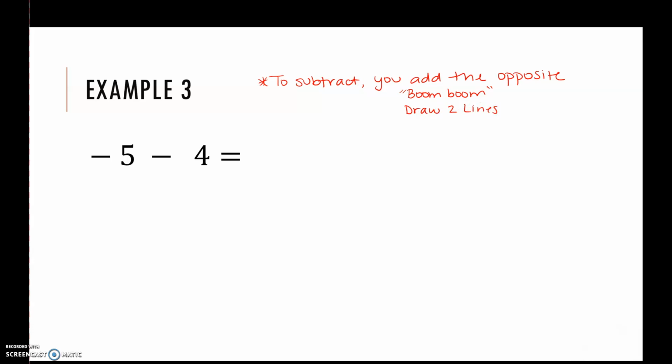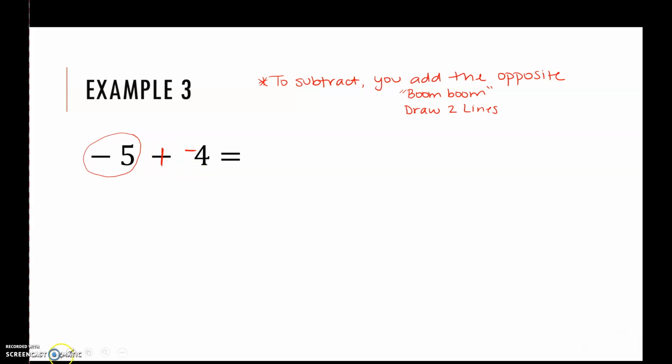We can never touch this first number. The negative stays with it. But we change our subtraction sign to addition. That's 1 line. And then we change this number to its opposite. Right now it's a positive 4, so its opposite is negative. That's the 2 lines that I had to draw, or what another teacher called boom, boom. Either way, however you remember is fine.